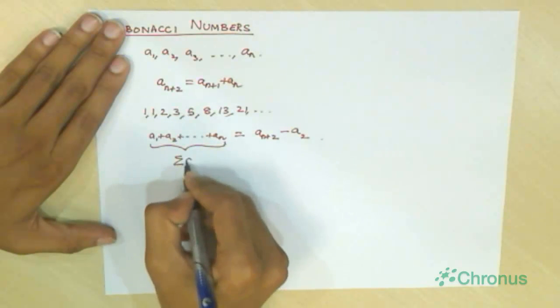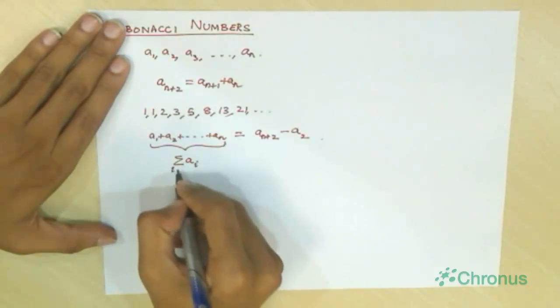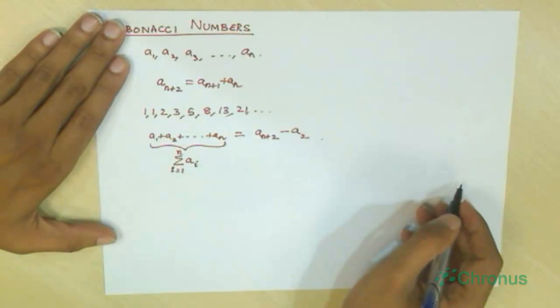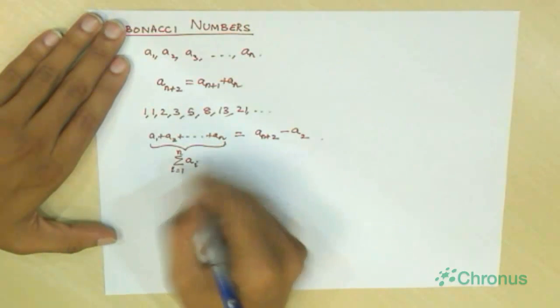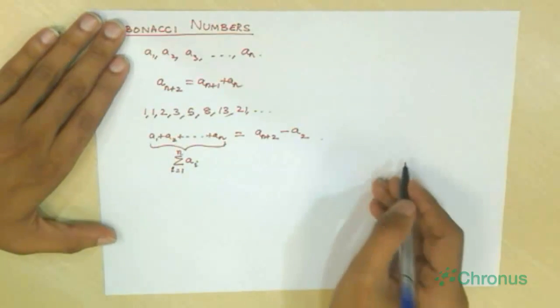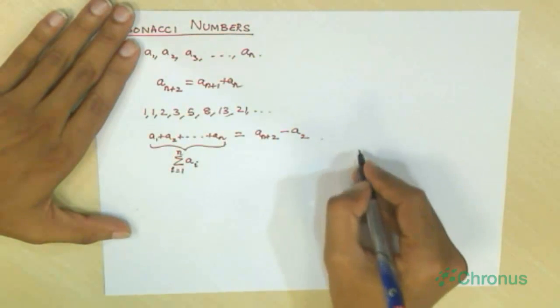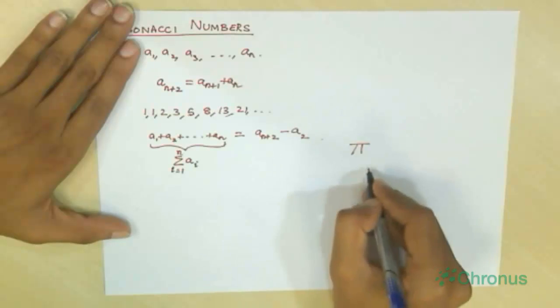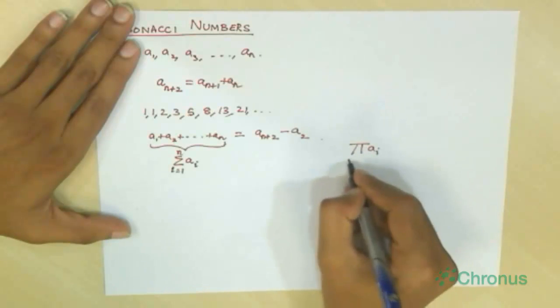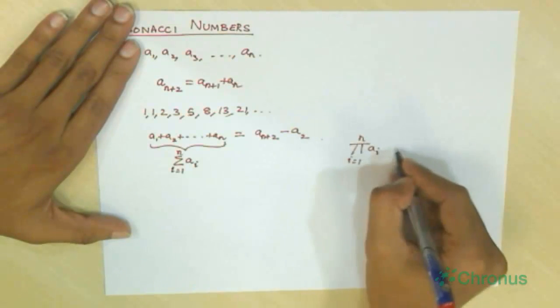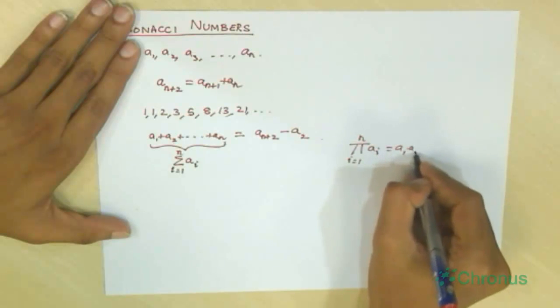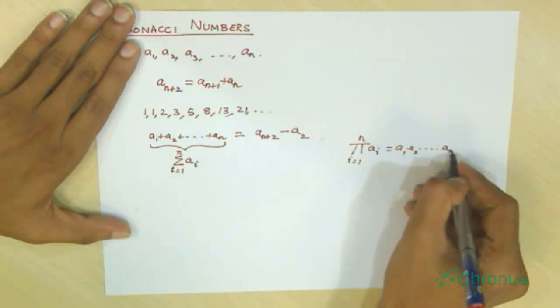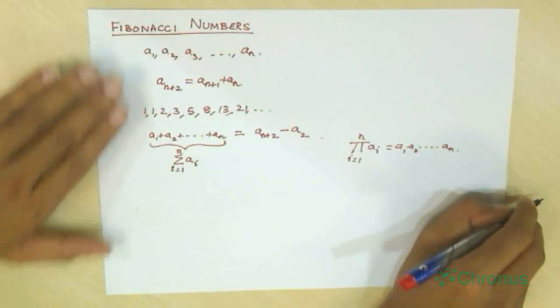This is sigma ai, i running from 1 to n. So this is a symbol for summation. And a similar symbol for multiplication is pi. Pi ai, where i runs from 1 to n. This is nothing but a1 into a2 into so on till an.